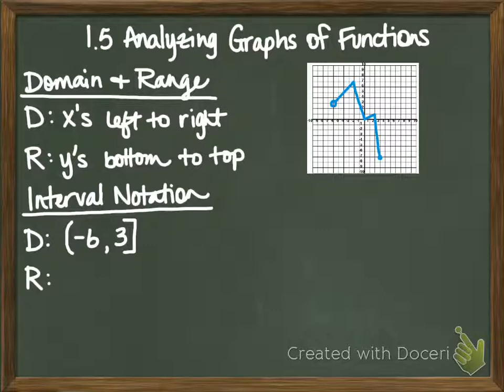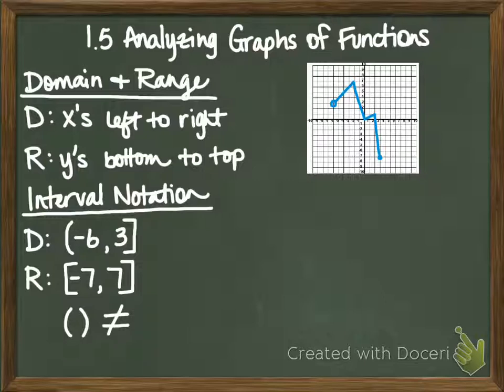Now we're going to look at the range of the function, which is bottom to top. So I go to the lowest y value, which is -7, and since it's a closed circle, I'm going to use a bracket. Then I go all the way to the top of the graph, which is +7, and there's not an open circle there, so it does equal +7, so I need a closed bracket here.